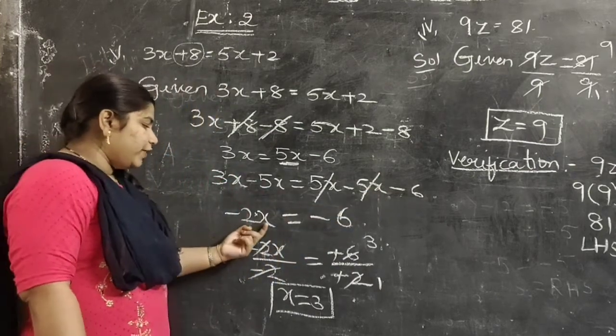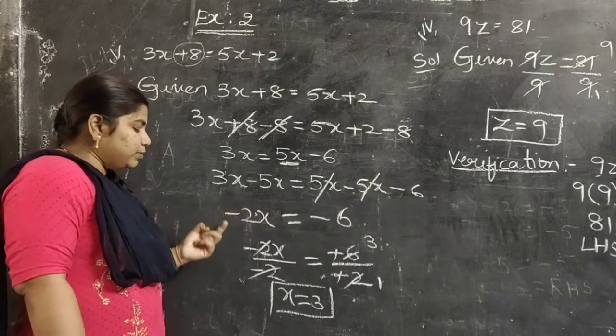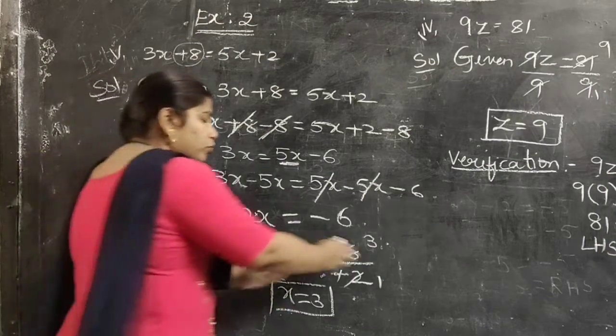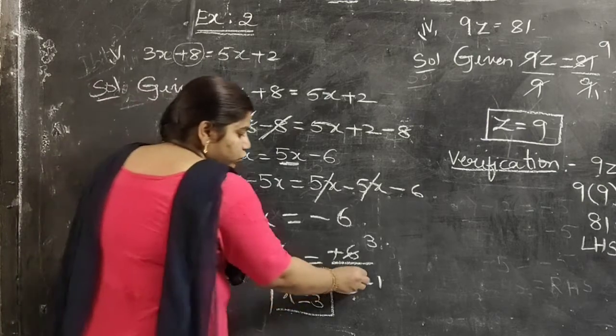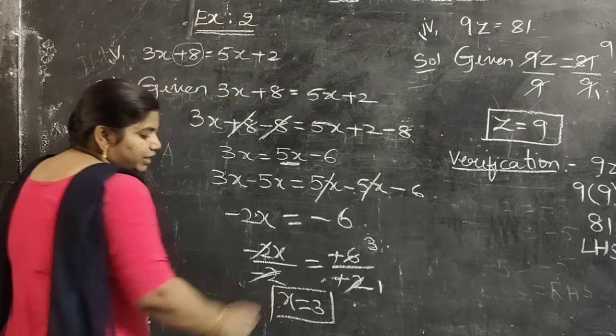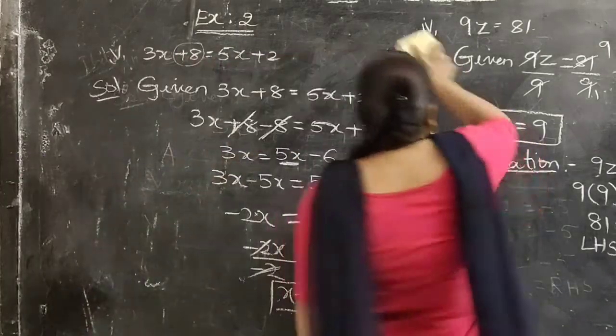Now what is the relation of x and minus 2? That is multiplication. So I want to eliminate this minus 2. I have to divide by minus 2 on both sides. So minus 2 will get cancelled. 2 ones are 2, 2 threes are 6, minus minus will get cancelled. What is the x value here? x value is 3. Now we will see the verification.